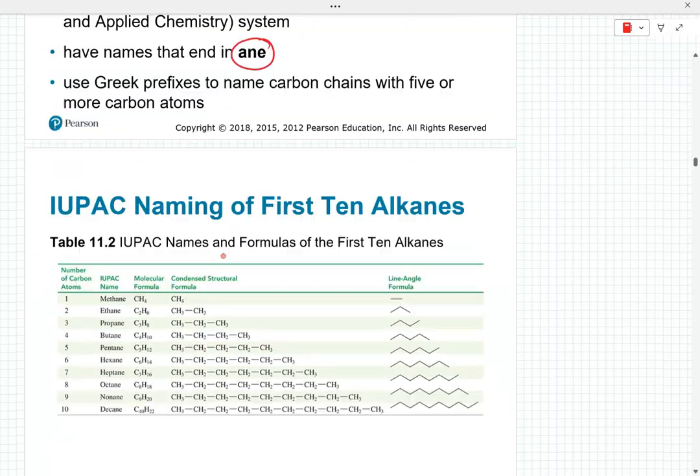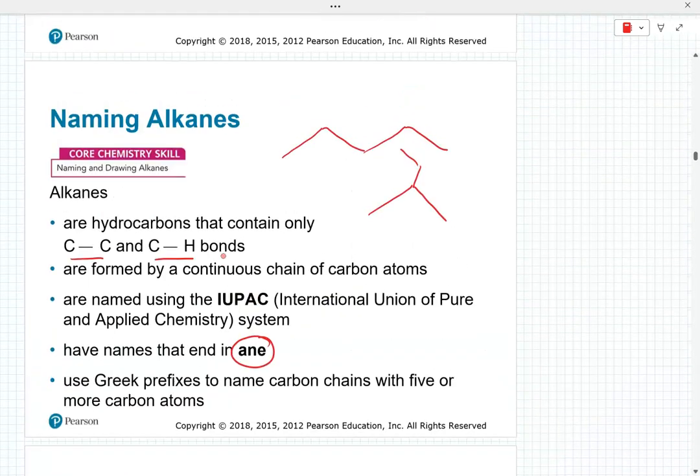So, before we get there, I want to talk about line angle formula. So imagine I'm going to write a condensed structural formula for a molecule of butane.